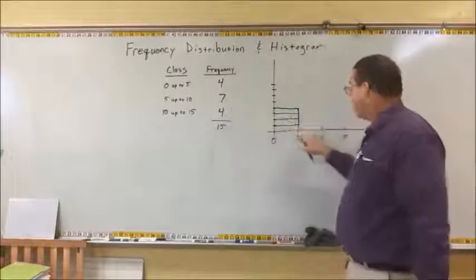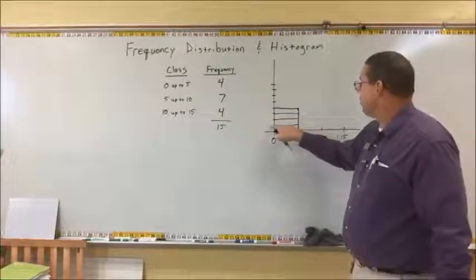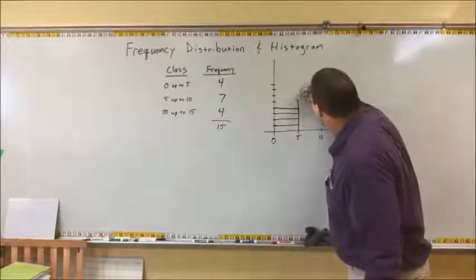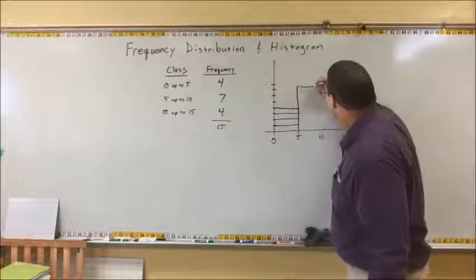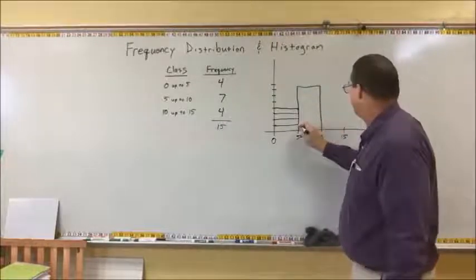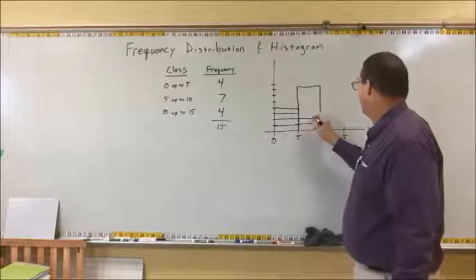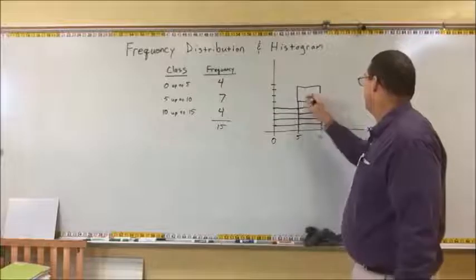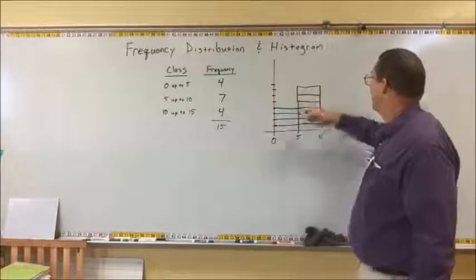And then the next one has 7. So it's going to go up 1, 2, 3, 4, 5, 6, 7. So we're going to go up here to 7 and over and down. Okay, so we've got 1, 2, 3, 4, 5, 6. I made it a little high there.